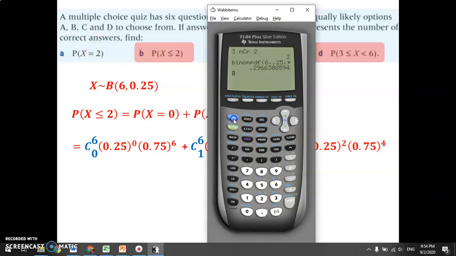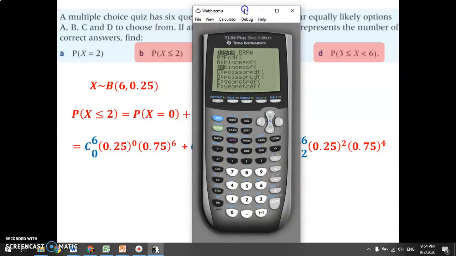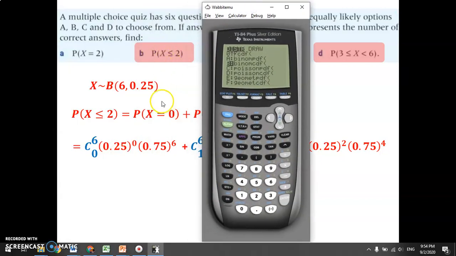Now let's run a second distribution, vars, and we're going to do the binomial Cdf. The time you use the Cdf is when you have multiple probabilities, like we do in this question, where we had the 0, 1, and 2. Cdf means cumulative. It will add up all the probabilities. So you put in the upper value and it'll add all the ones below. Let me show you.